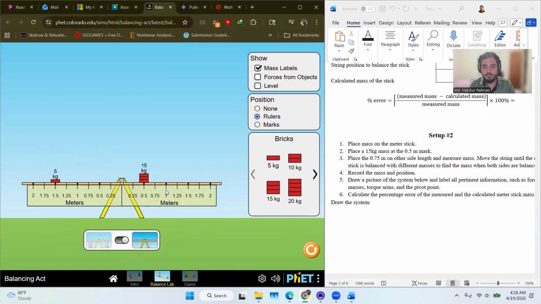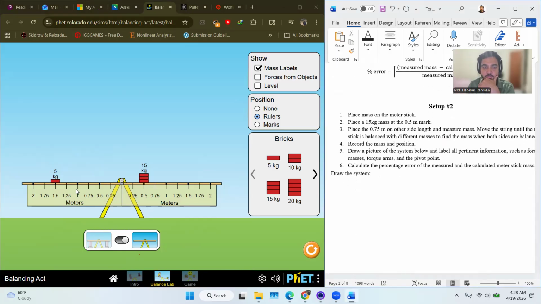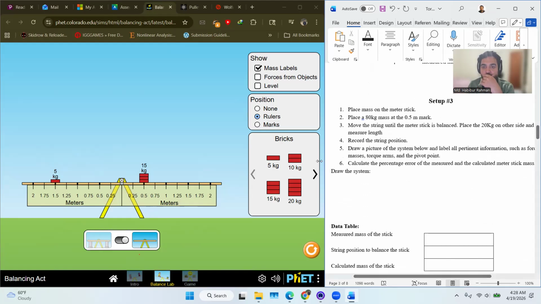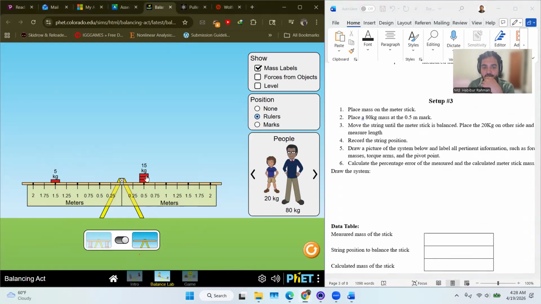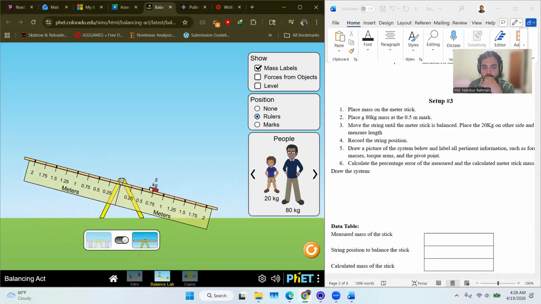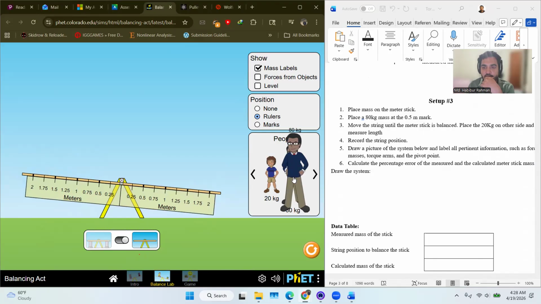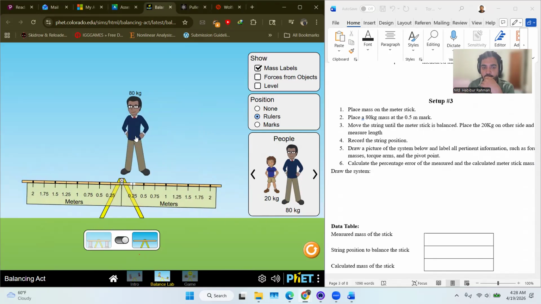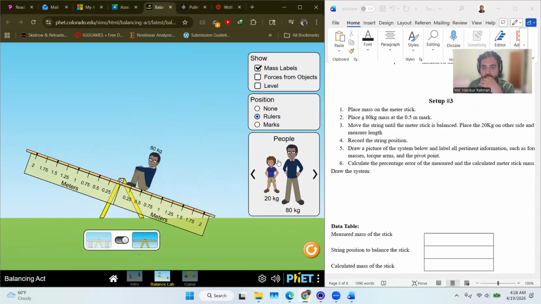This kind of lab makes life easy. So in this kind of lab, you have to measure and change the different masses. That's all. And for the next lab, you have to place an 80 kg person on the 0.5 mark and 20 kg on the other side.